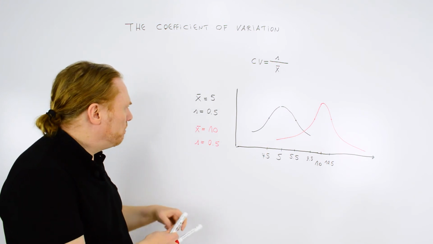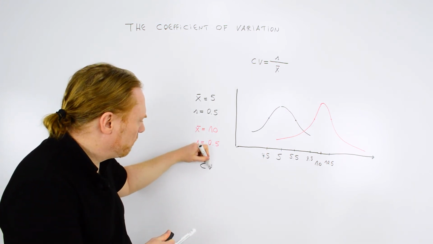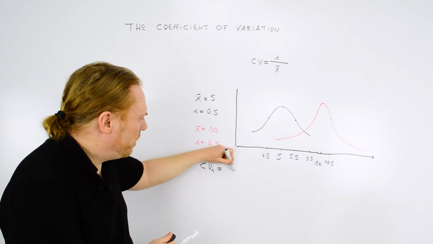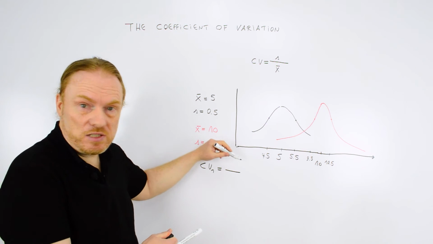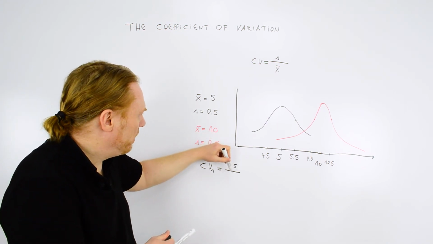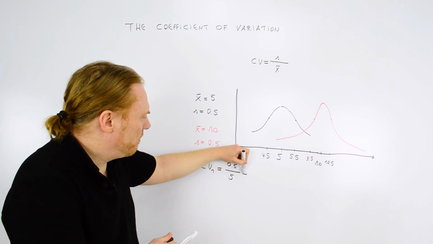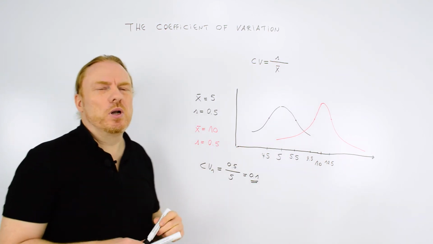Now, as we need to compare those coefficients of variation, the black one is defined as the standard deviation, 0.5, divided by the average value, 5, which is equal to 10%, to 0.1.